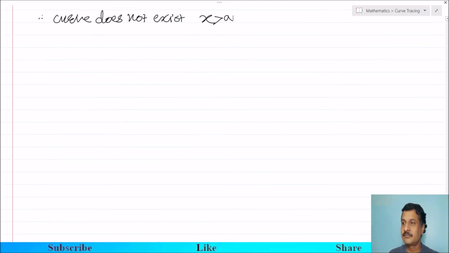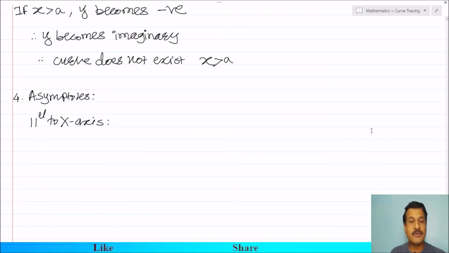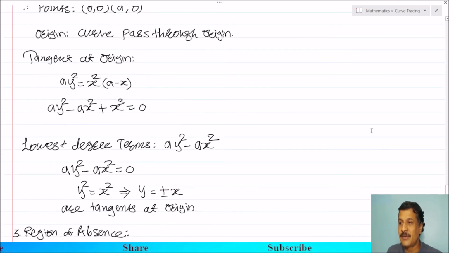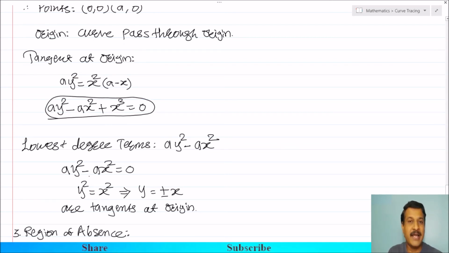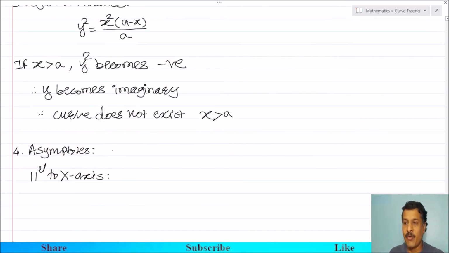Now fourth point, asymptotes. So first is that parallel to x-axis. So how to find asymptote parallel to x-axis? Coefficient of highest power in x equate to 0. So we already have the equation here. This is our solved equation, right? Means f(x, y) equal to 0. Or here also you can solve it again if you want. That is a y square equal to x square into a minus x.